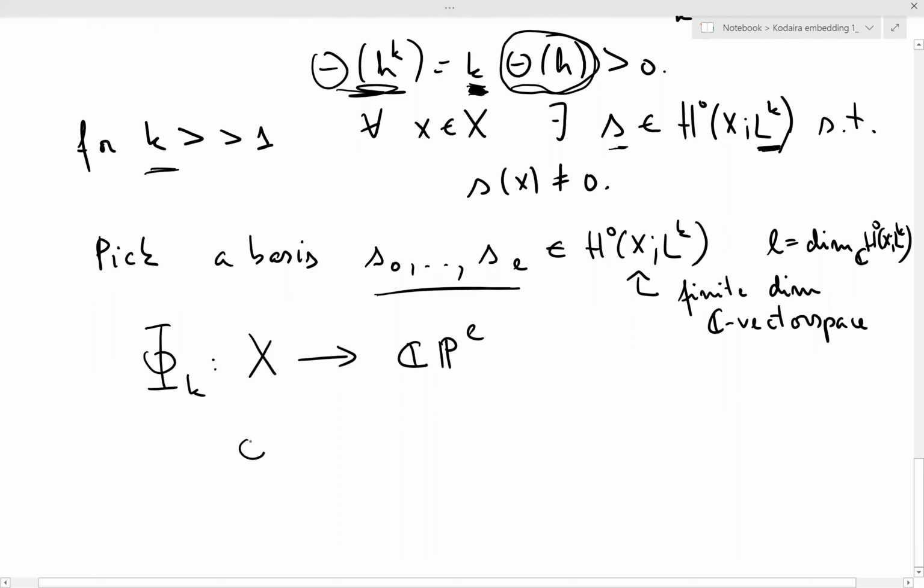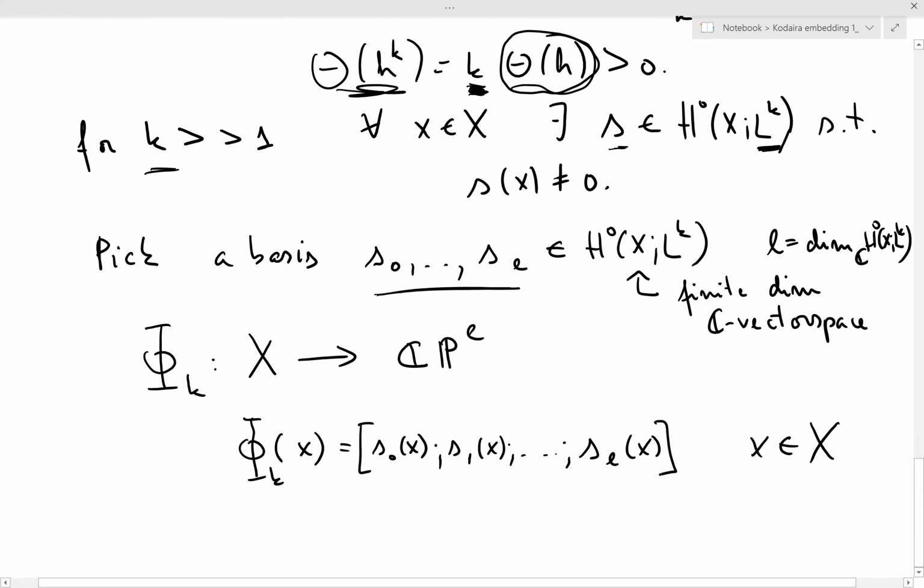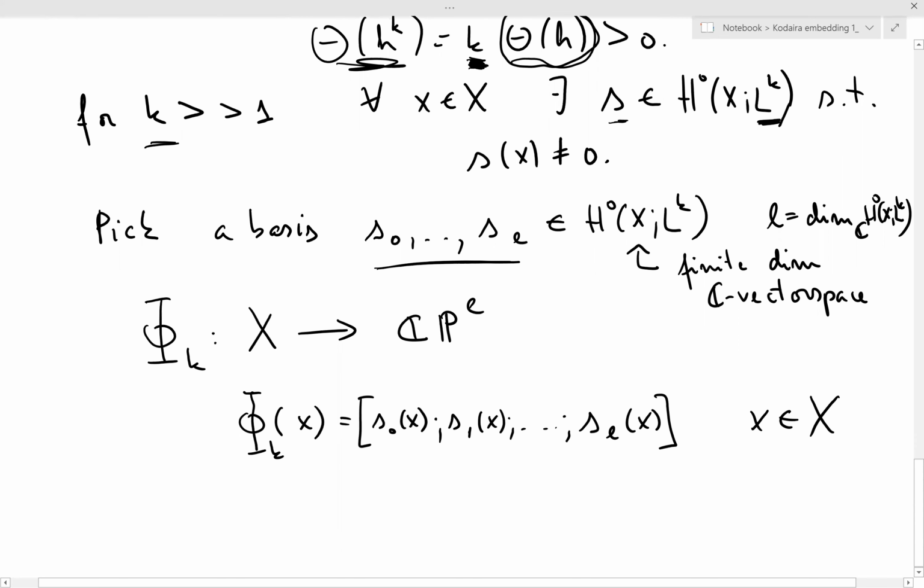What will be the definition of phi k of x, right? So x is a point on the manifold. You just take the value of S0 at x, the value of S1 at x, all the way down to the value of SL at x.